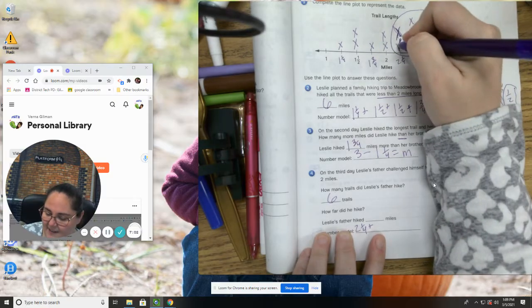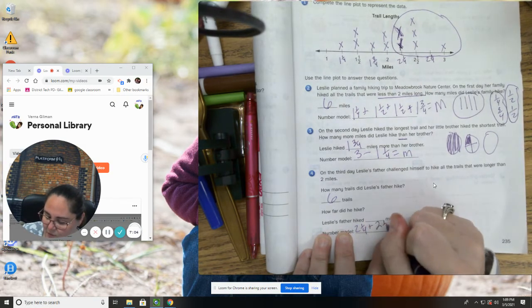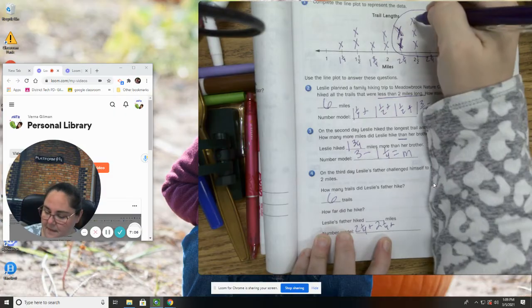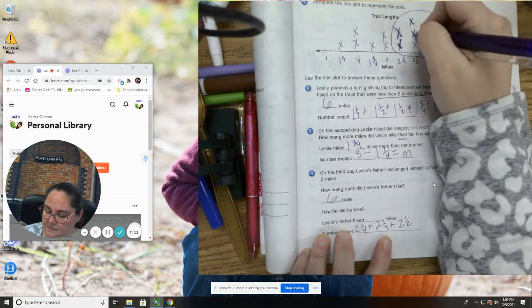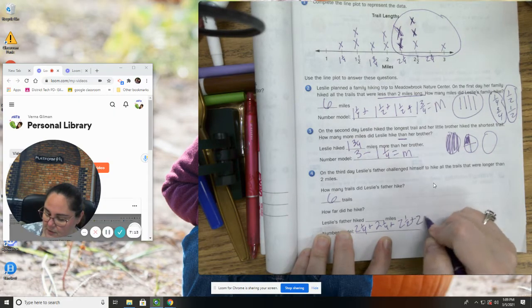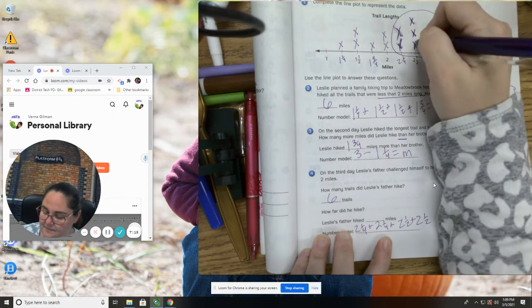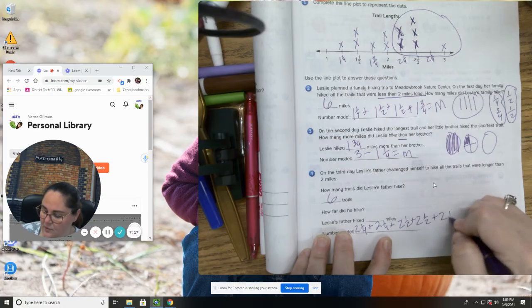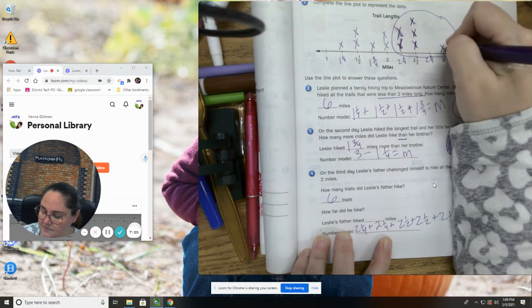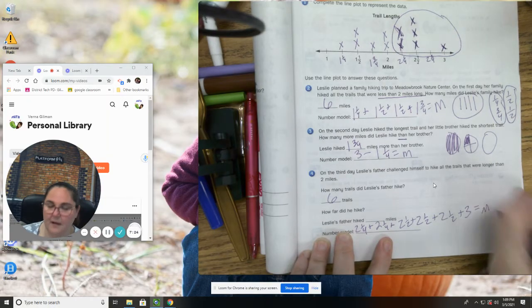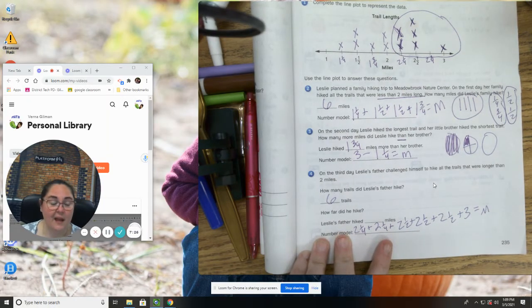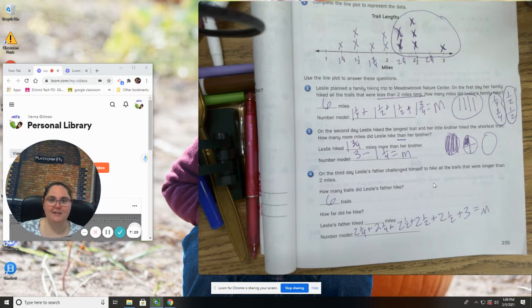This X right here is 2 1/4. 2 1/2. 2 1/2. 2 1/2. 3. That's what we have to do. Add those up, find your total answer, and then hit continue. Pause it. Hit the pause button right now.